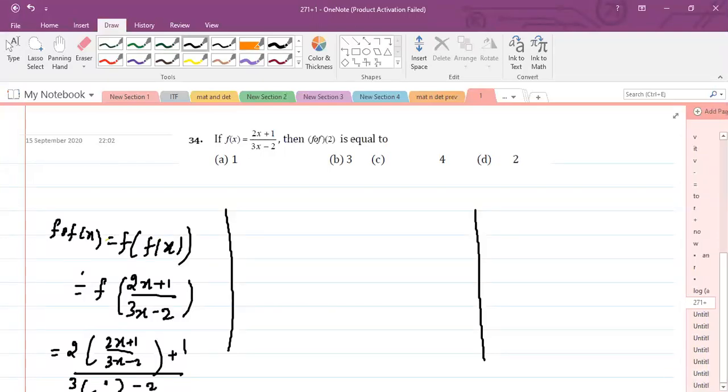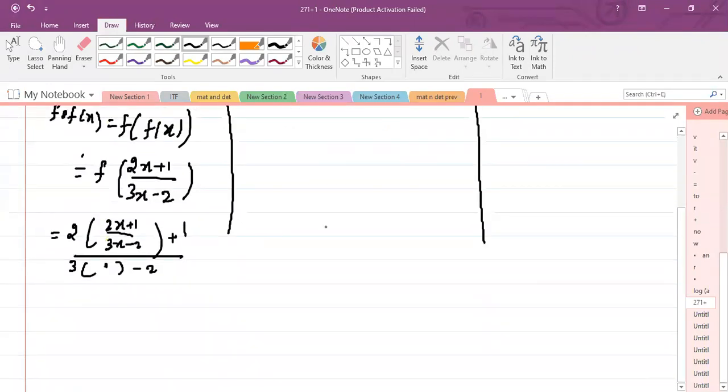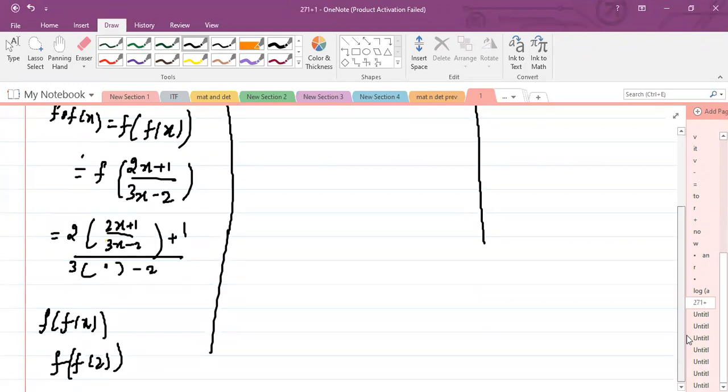Then simplifying, you will get some value there. It is f of f of x. Then you need to find f of f of 2. You need to replace x by 2. This is one method. I will not simplify this.